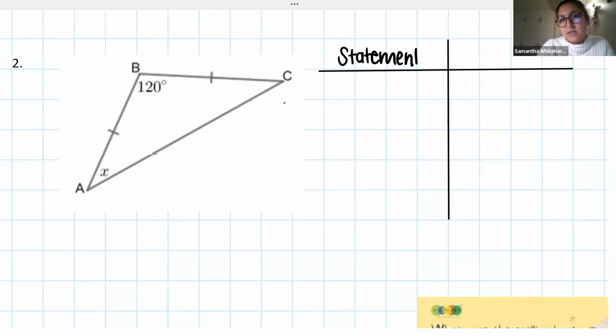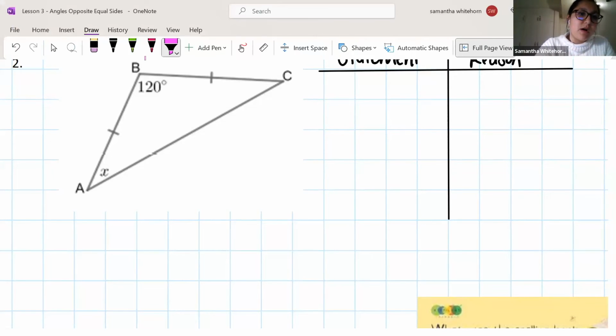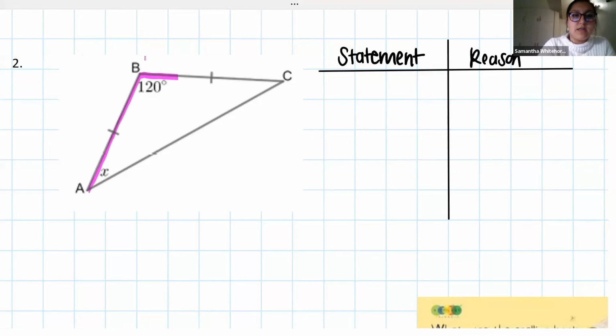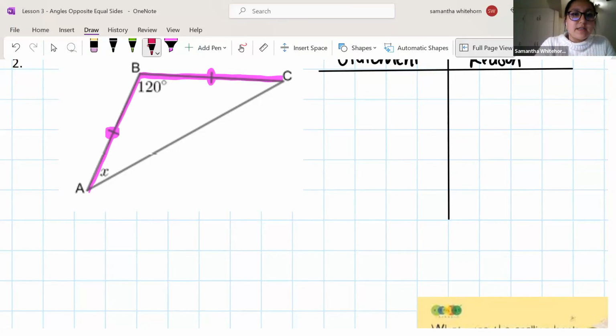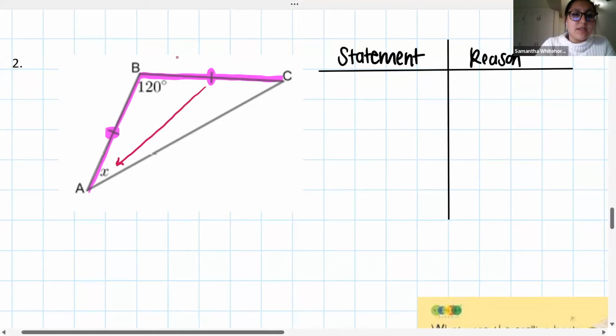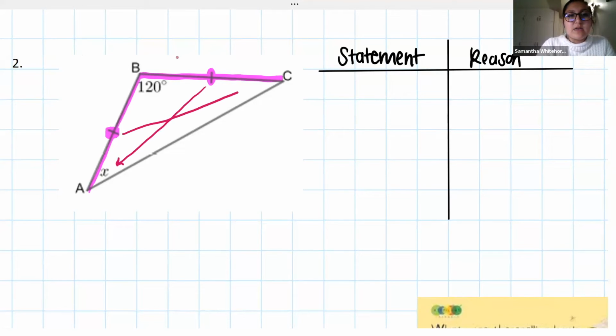Let's first have a look and see what information we've been given. Once again, I have been given equal sides, and I know that because of those tick marks. So side AB is equal to BC. What I therefore know is that the angle opposite, this angle BAC, is equal to the angle BCA.